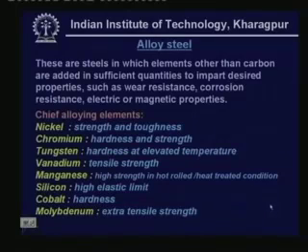Alloy steel. These are the steels in which elements other than carbon are added in sufficient quantities to impart desired properties such as wear resistance, corrosion resistance, electric or magnetic properties, etc. As I was just telling you, these alloy steels are used for special purposes, depending upon the type of use and the environment.